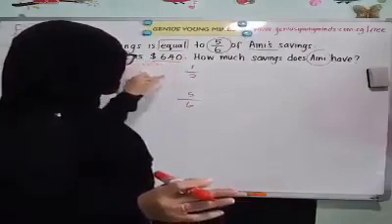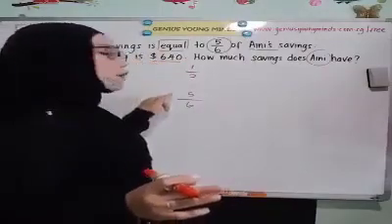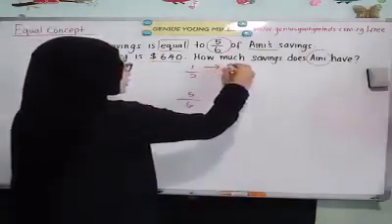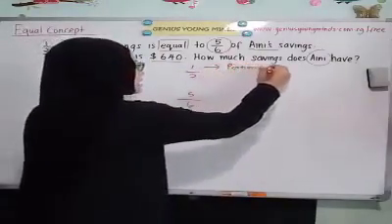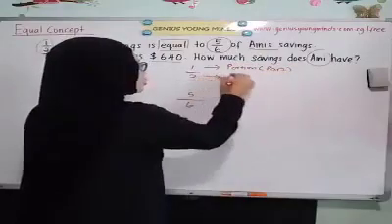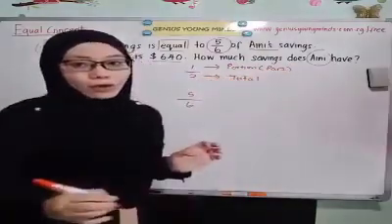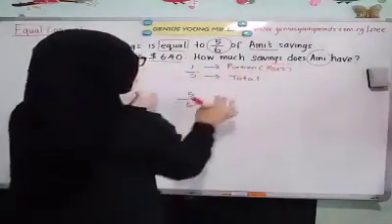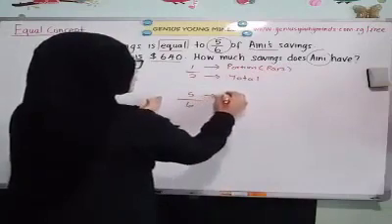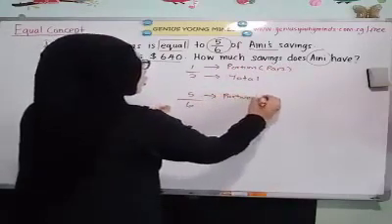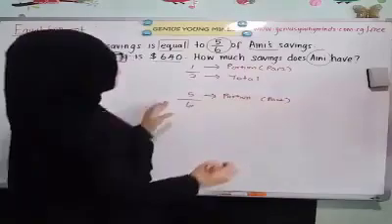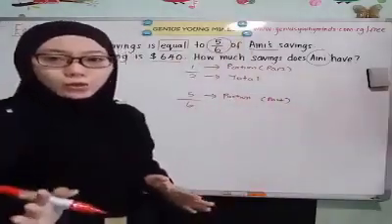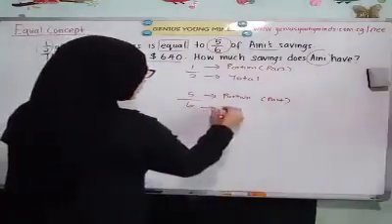Half, or 1/2, means 1 is the portion or the part, and 2 is the total. In this question, the portion of 1 of Jihan is equal to the portion for Aini. It's the portion that is equal, not the total. Understand?